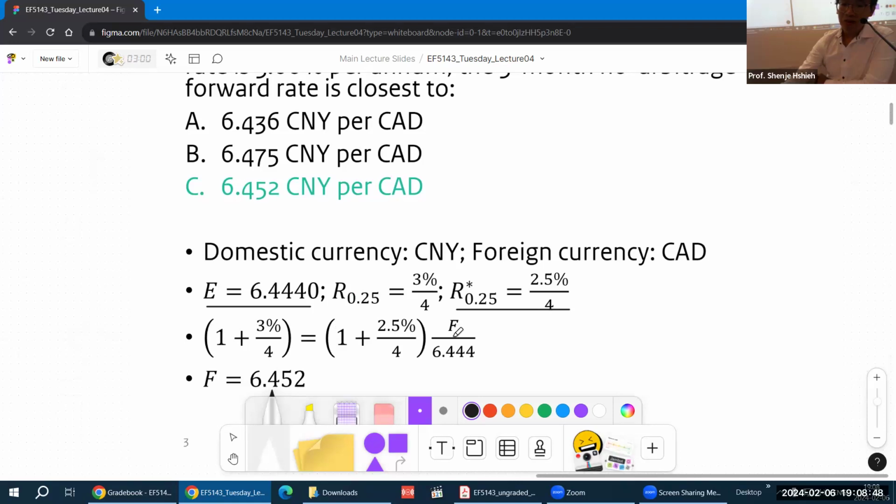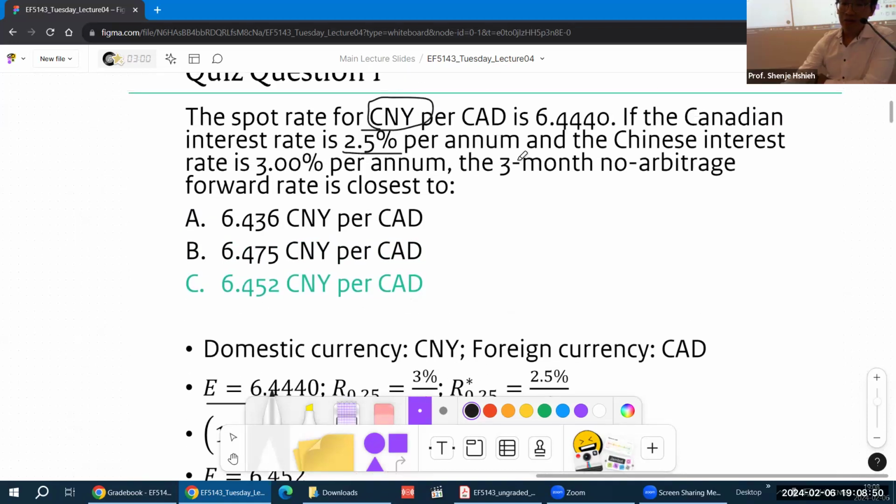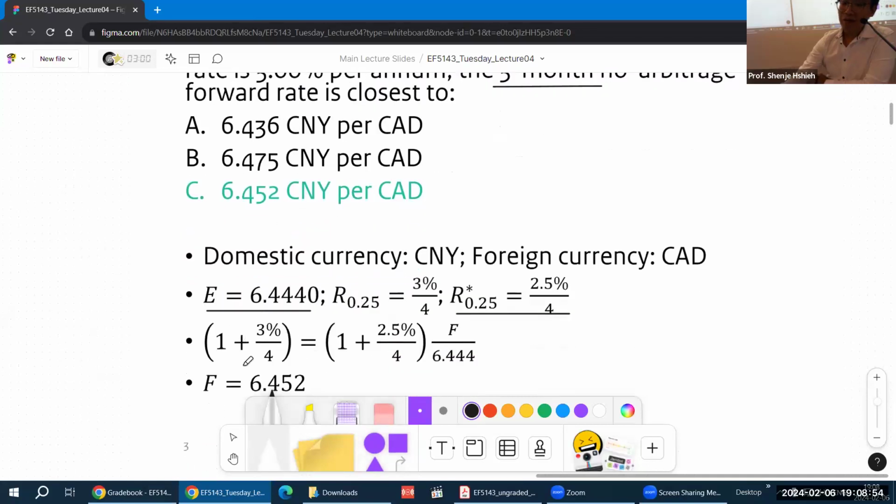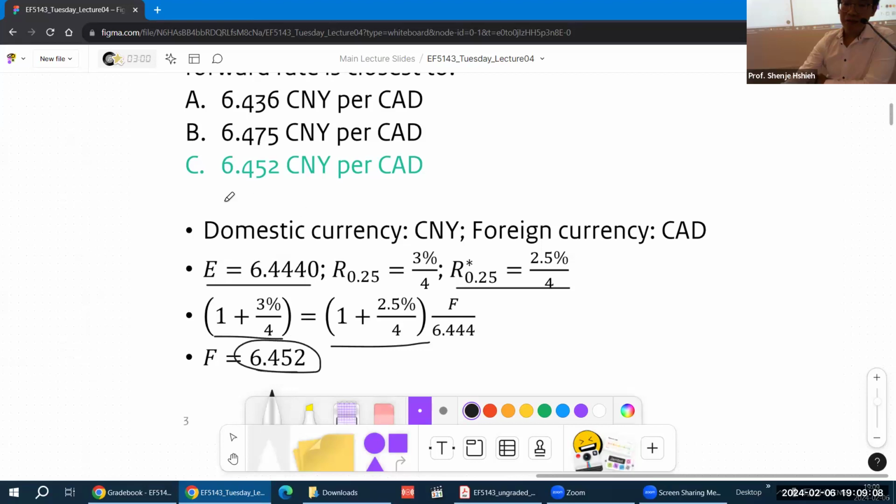Because our forward contract is at a 3-month horizon, we have to match the investment horizon as well, right? So given these periodic rates, matching with the forward rate horizon, E is our spot rate. Solve for F. You should get some number like this, right? So it should be C.